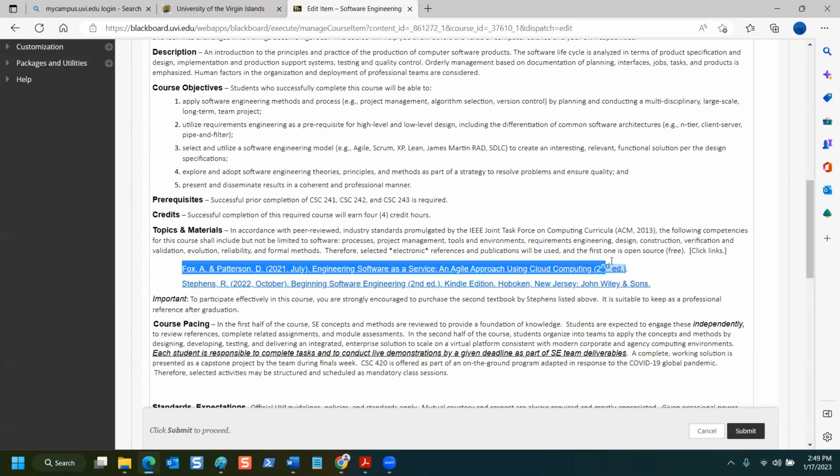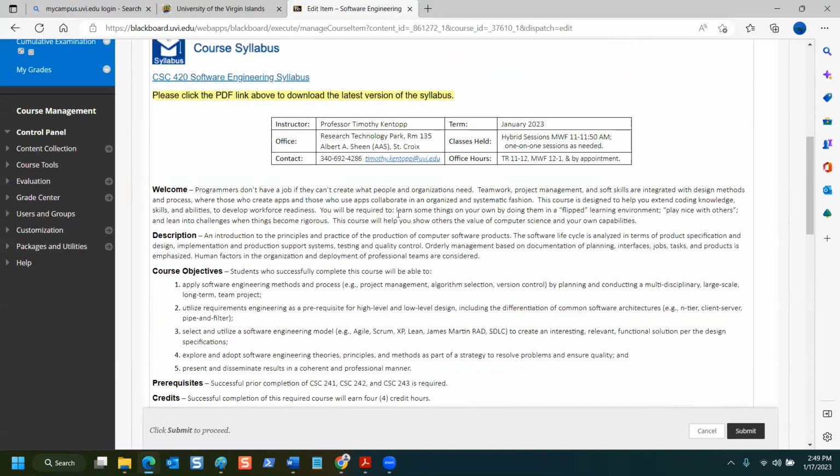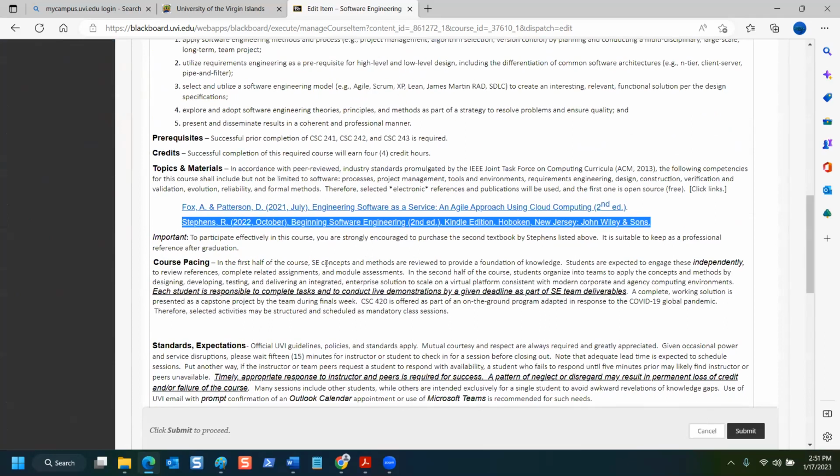Right? So the second one is significant because it provides some of the history and a good bit about legacy software engineering development models that teams use to work together.